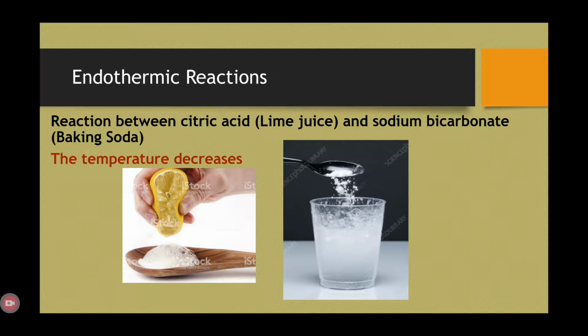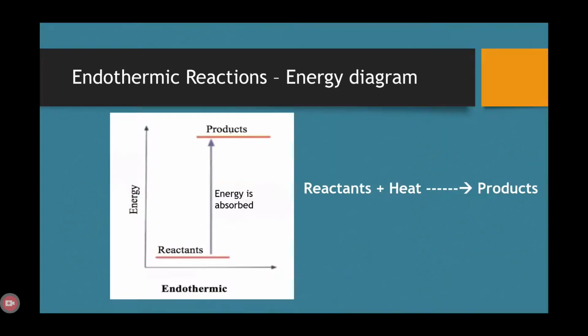We can use lime juice for citric acid, and sodium bicarbonate is actually baking soda. So we react lime juice with baking soda. Then we feel cool, so temperature falls. So this is an endothermic reaction.